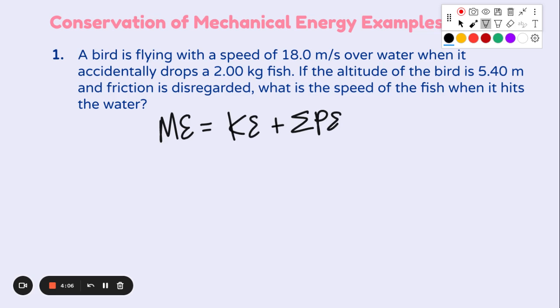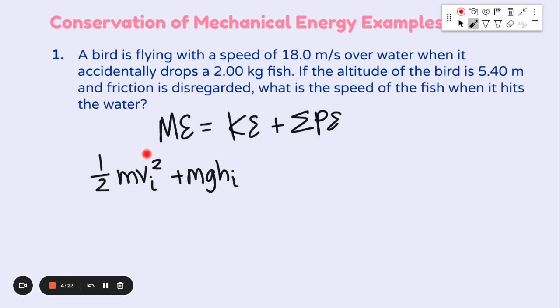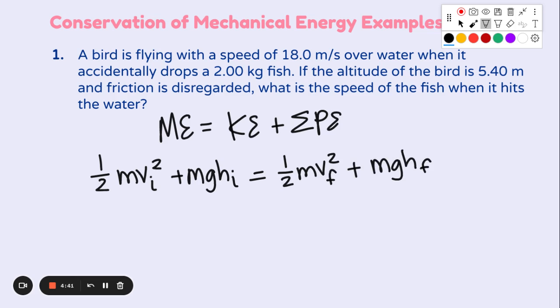So the really fun and exciting formula for this is 1/2 mass times initial velocity squared plus m times g times h. So this is initial kinetic energy plus initial potential energy, which is equal to 1/2 mass times your final velocity squared, so your final kinetic energy value plus your final potential energy value.